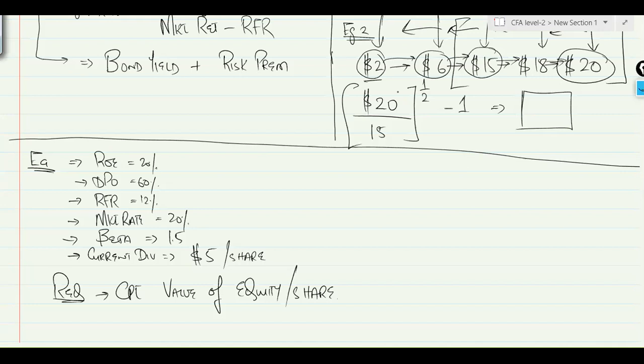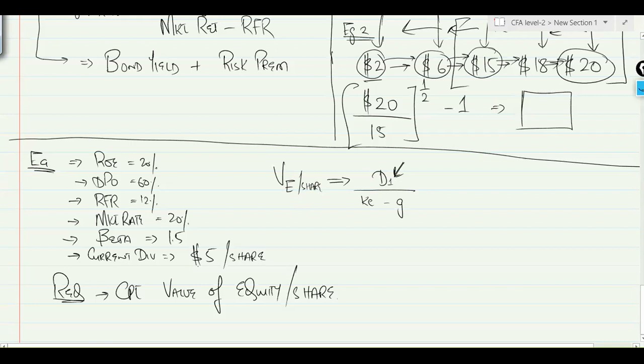Try this. I'm giving you 5 minutes to try this question. So let's try this question using the dividend valuation formula, which is D1 divided by KE minus G, and I'll get the value of equity. If I am using dividend per share, I'll directly get the value per share. If I use total dividends, I'll get the total equity value.